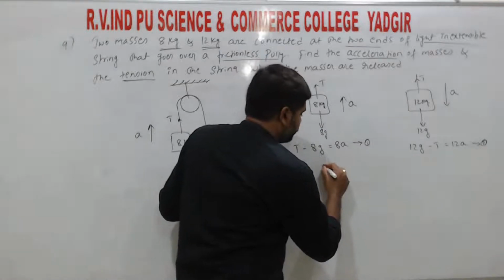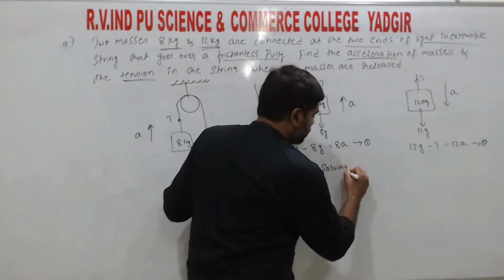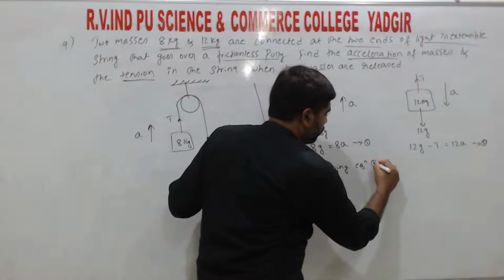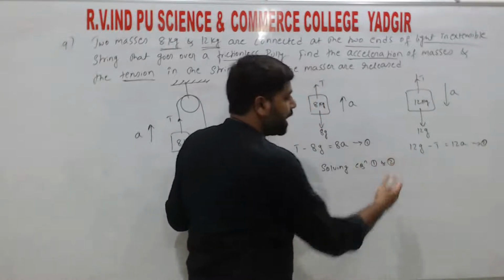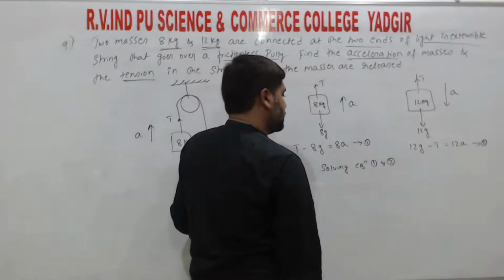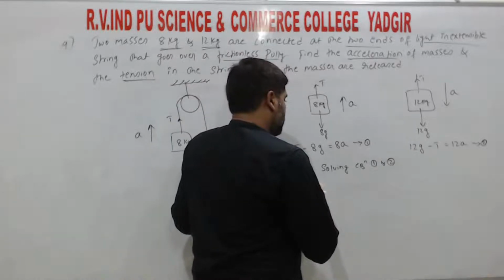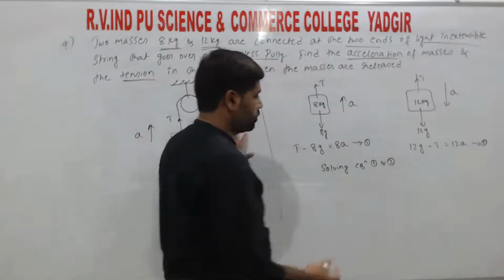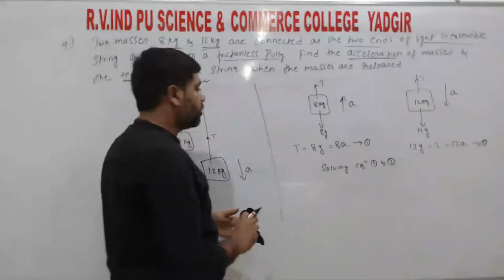So solving equation 1 and 2, or we add equation 1 and equation 2. So add ಮಾಡಿದ್ರು ಕೂಡ ನಮಗೆ ಆನ್ಸರ್ ಬರುತ್ತೆ, ಅಥವಾ ಸಿಂಪ್ಲಿಫೈ. Adding equation 1 and 2.